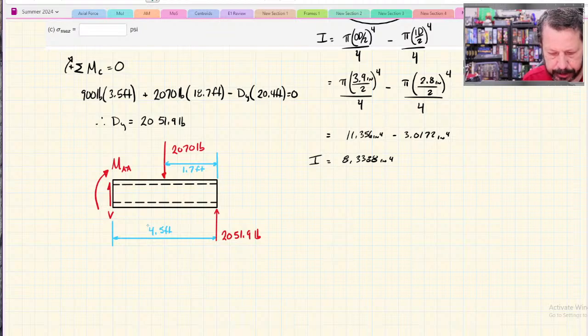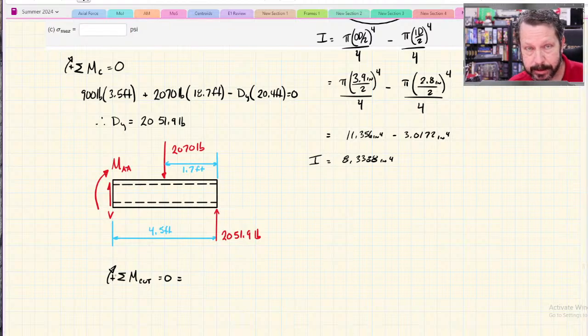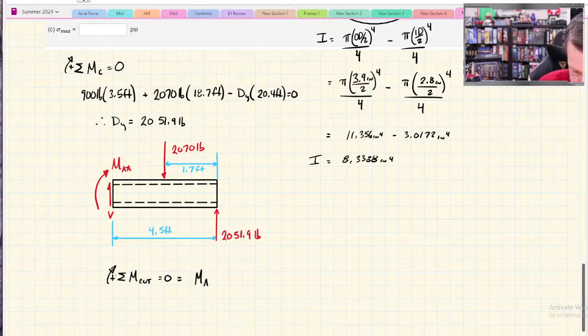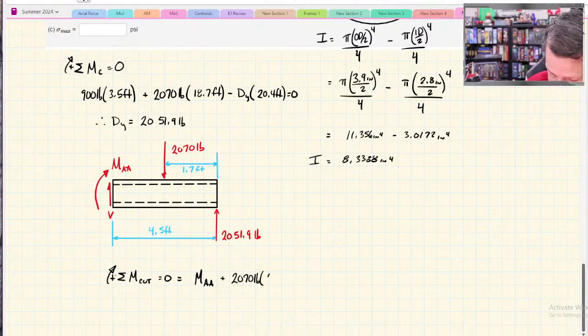Okay, so if I want to find the moment at section AA, do the summation of moments about the cut, and that will give me the moments. This one is drawn clockwise because of our agreed upon scheme for internal bending moment and shear forces, and I say clockwise is positive, so it's just the moment on section AA plus 2070 pounds with a moment arm of 4.5 minus 1.7, which is 2.8 feet.